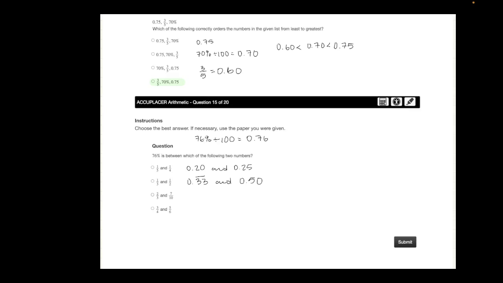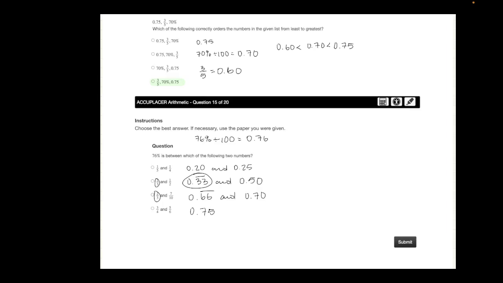Okay, so now we have 2/3, and this is very similar to the 1/3, so we can just take this 0.3 and multiply it by 2, and we'll get 0.66 repeating. And then the 7/10 can be rewritten as 0.70. Okay, now we have 3/4. 3/4 is equivalent to 0.75.